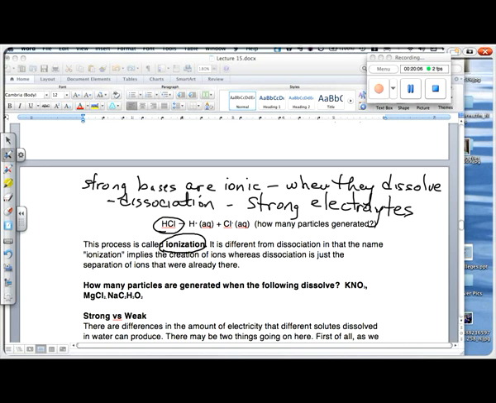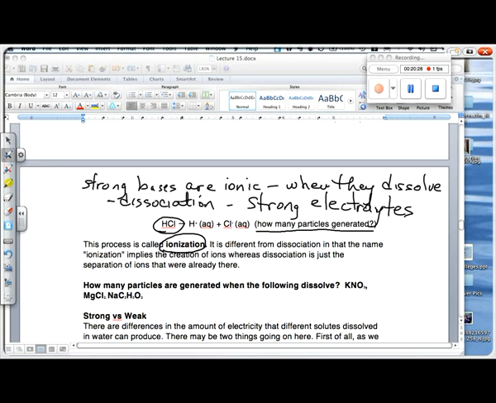It is different from dissociation in that the name ionization implies the creation of ions, whereas dissociation is they just dissociated. Here we ionized a molecular compound. Now, let's answer this question right here. How many particles are generated when HCl breaks up into now two ions?